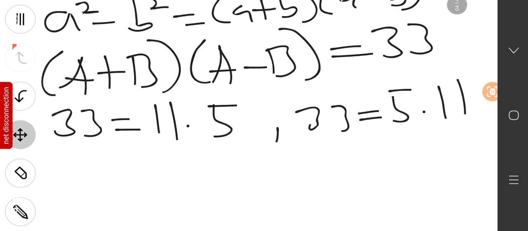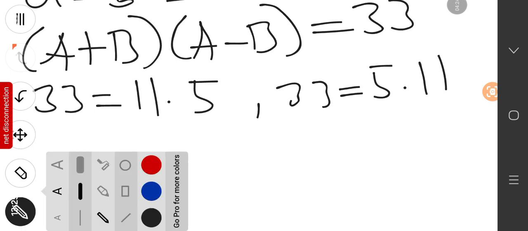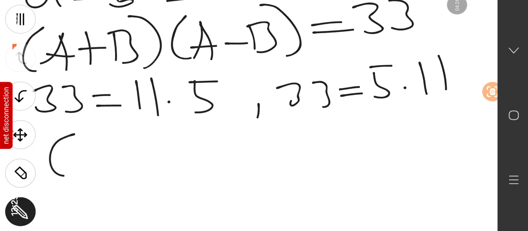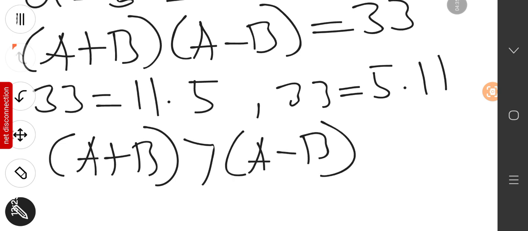Now let's use these two cases. You can try other cases and see if they work. By inspection, you can see that a plus b, the first part of the binomial, is greater than a minus b. Because of that, this case is rejected.